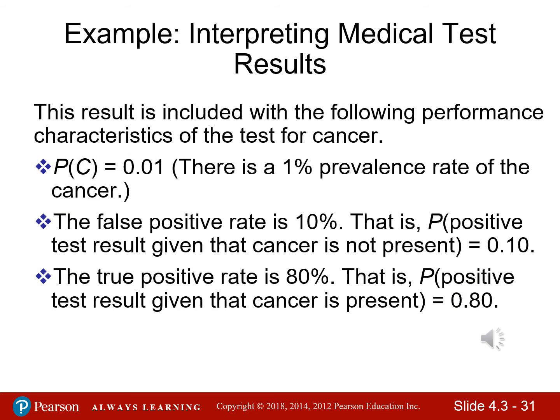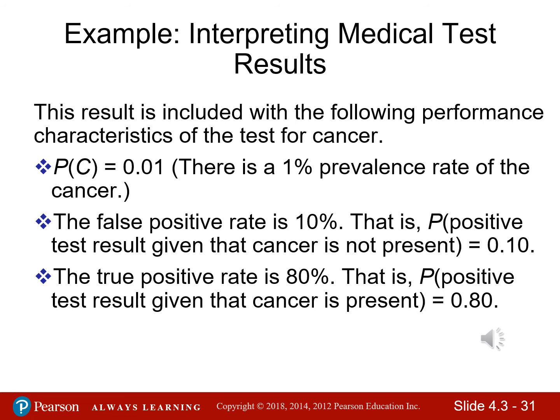Using data from a study in the Cambridge University Press, the result is included with the following performance characteristics of the test for cancer, where the probability of C is equal to 0.01. That is to say, there is a 1% prevalence rate of cancer. Also, the false positive rate is 10%.